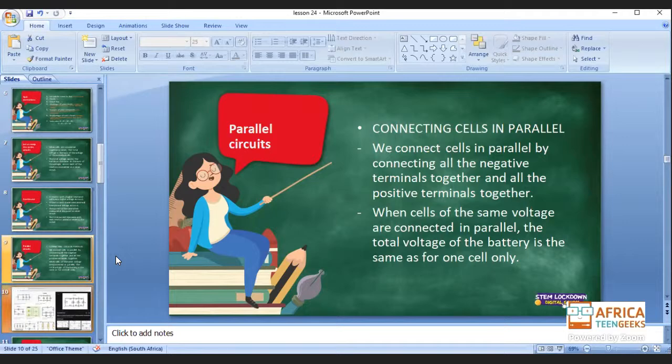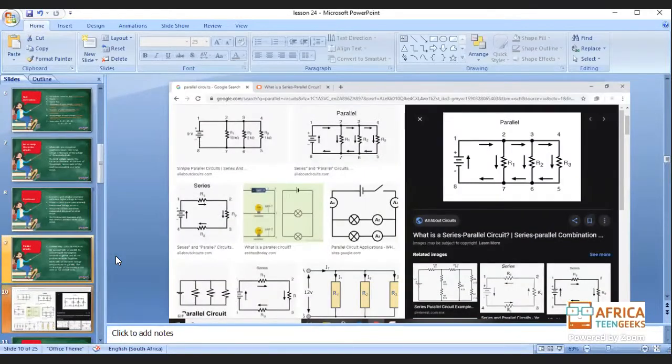Let me show you this. There we go. We have parallel circuits here. These are examples of parallel circuits. Let us look where my cursor is. You can see this line where the conductors are, the battery, this is a cell, right? Remember you said the longer one is the positive and the shorter one is the negative.